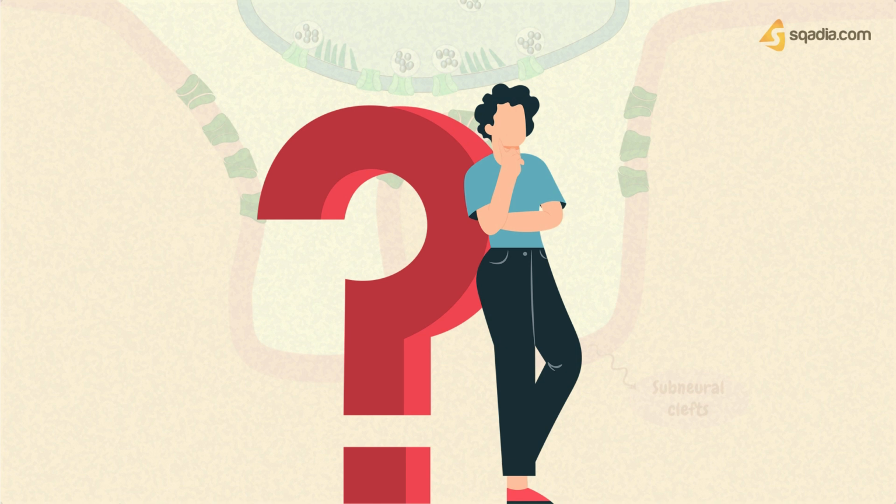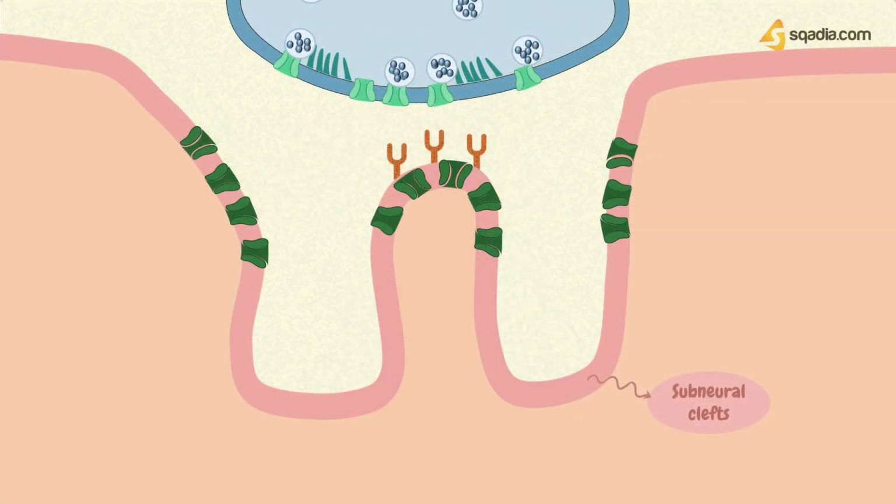Think away, and I'll get back to this question at the end of the video. Coming back to the muscle membrane, it also contains acetylcholine-gated ion channels, also known as nicotinic acetylcholine receptors. As you can see, these receptors are located at the mouth or at the top of the subneural clefts.